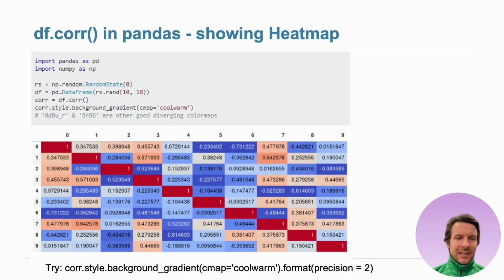We created in this example 10 different columns, and each of them has 10 entries. Then for every pair of columns, you can calculate the correlation by just calling df.corr. As a bonus, you can also display it with a nice table where the color somehow corresponds to how large the correlation is.